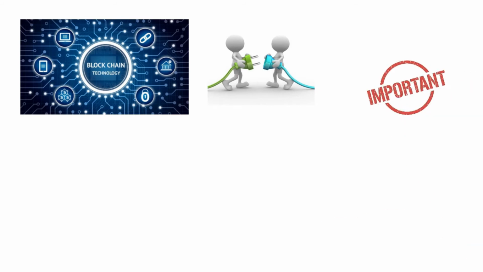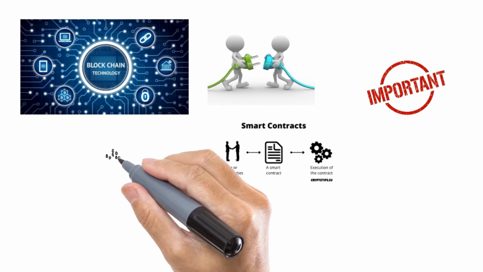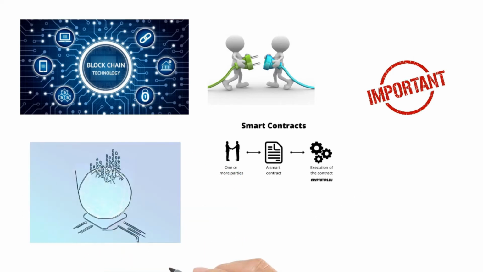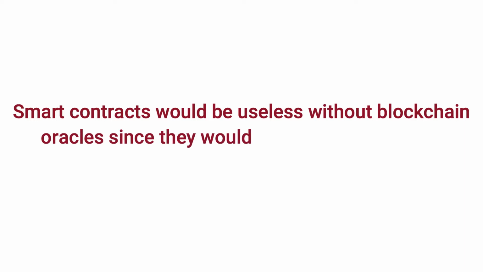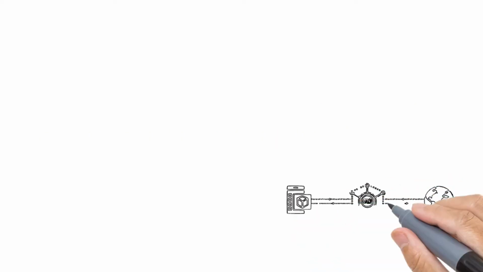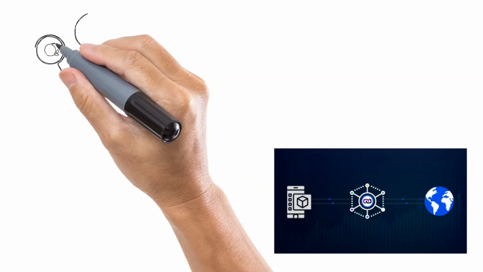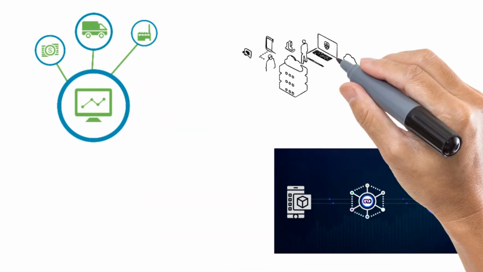Oracles are important in the blockchain ecosystem because they expand the range of smart contracts that may be used. Smart contracts would be useless without blockchain oracles, since they would only be able to access data from inside their networks. A blockchain oracle is a layer that searches, validates, and authenticates external data sources before relaying the information.